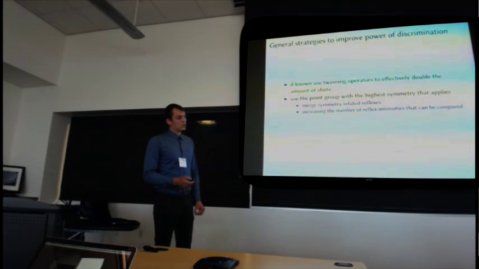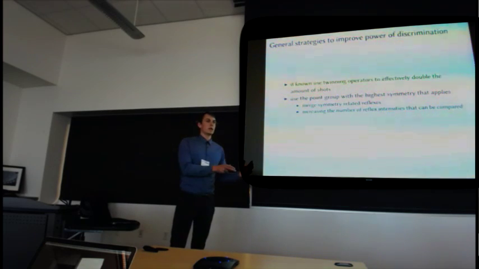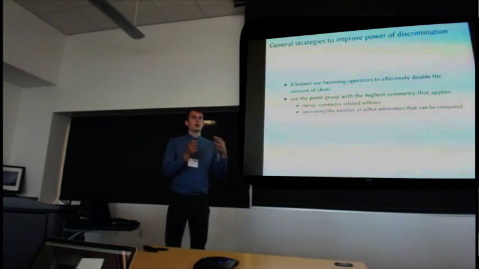And the other one is to use, if you know it, the known twinning operator. Because if you know the twinning operator, you can effectively double the amount of shots that you have. Each shot has a shot that is the exact opposite, the same shot in the other indexing mode.